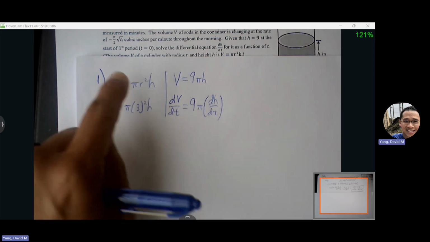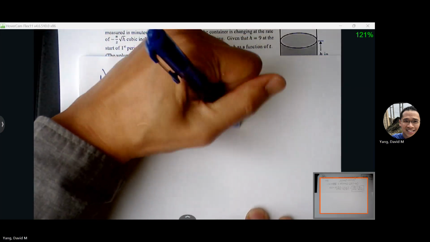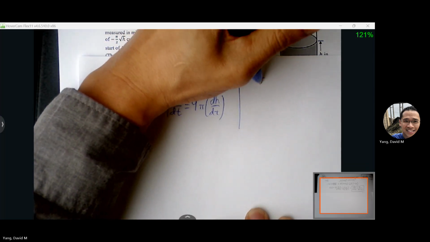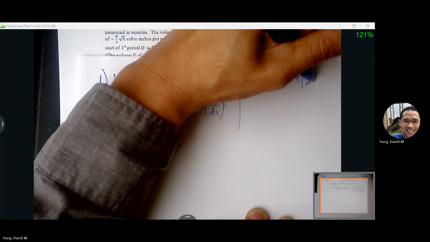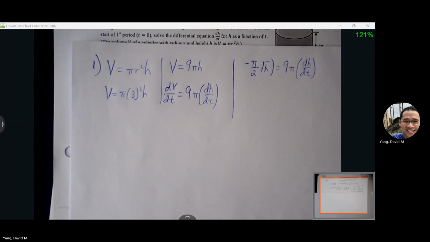From here, we know we can replace dV/dt with the value that they gave us in terms of h. Solve the differential equation for dh/dt.